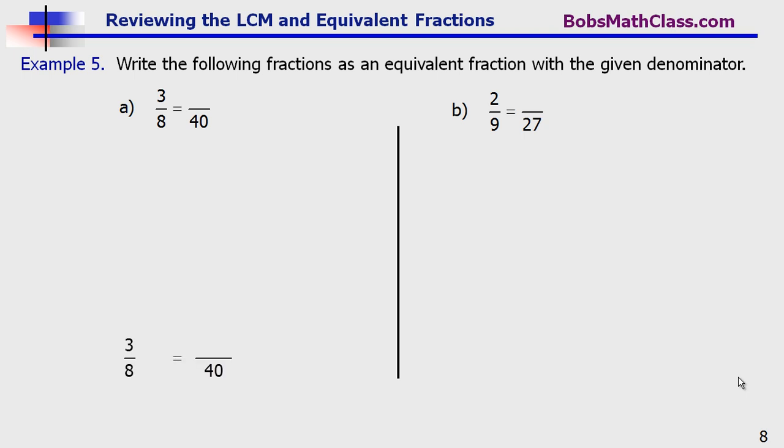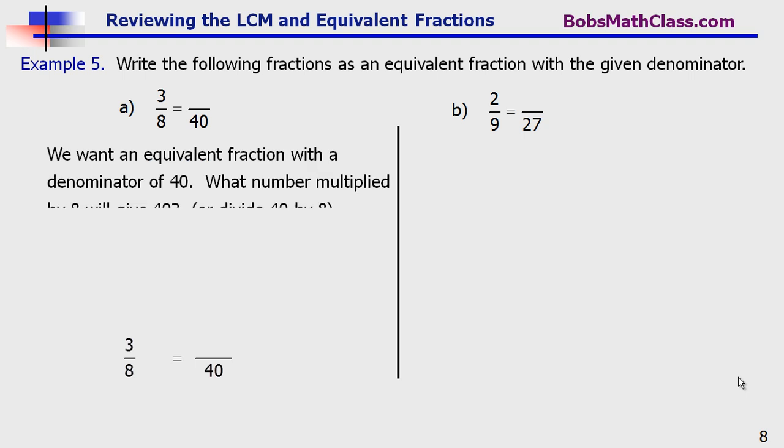Leave a little space on your paper when you're working these kinds of problems, because you're going to have a number that you multiply by to make it the new denominator. So the question is, what number multiplied by 8 will give 40? Our old denominator is 8. We want to multiply it by a number that makes it equal to 40. Or you could simply divide 40 by 8.